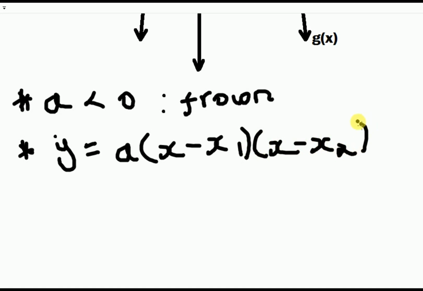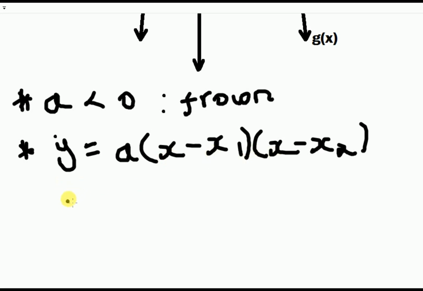From here we are going to substitute the x values of our x-intercepts, then the other point, which is 0 and 3. So y will be 3 and x will be 0.